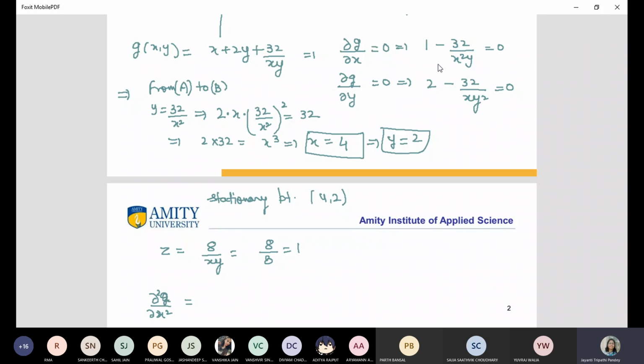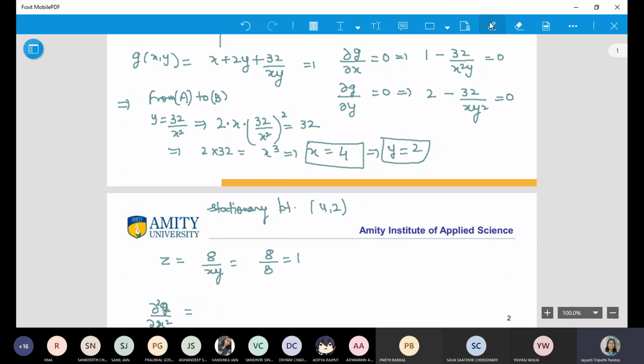You are differentiating it with respect to x. Remember that. This part will disappear. This is x to the power minus 2, so that is minus into minus 32 into x to the power minus 3, which is 64 upon x cube y. When you put the value, this is 64 upon 4 cube into 2, and this is 1 by 2, which is positive. And this is your r.